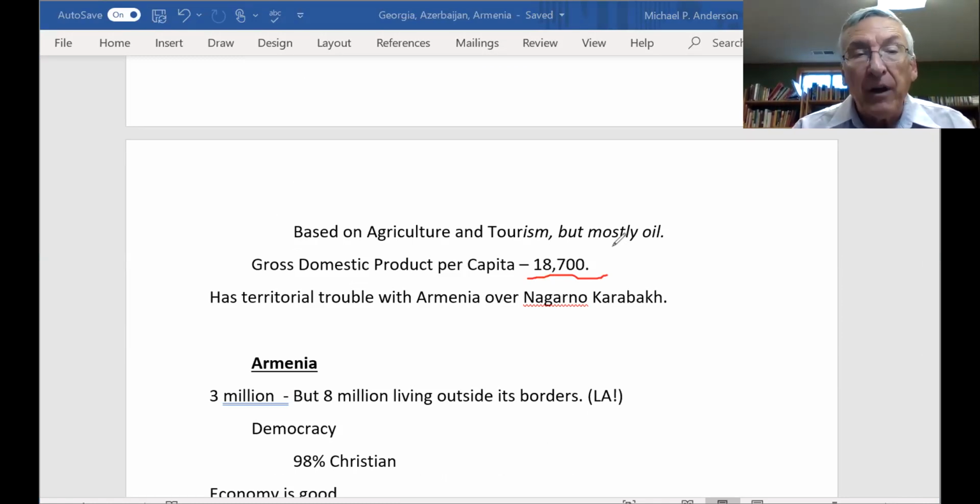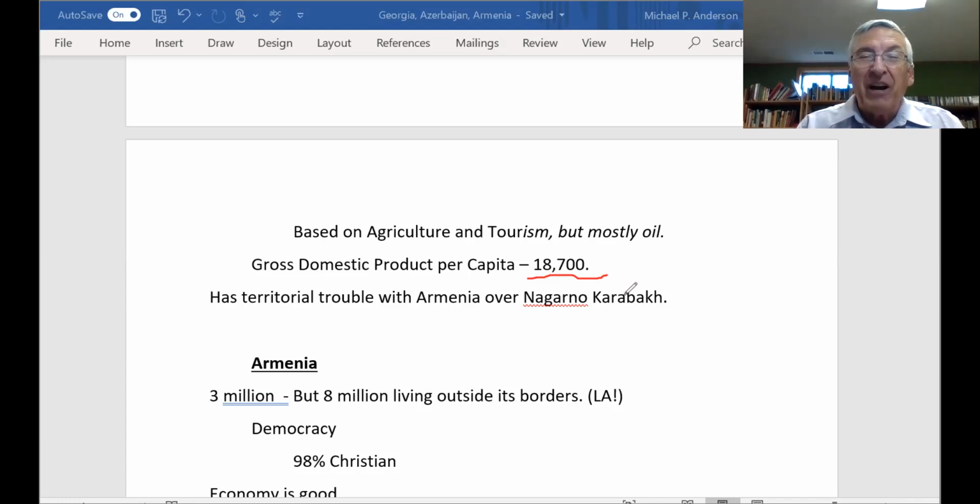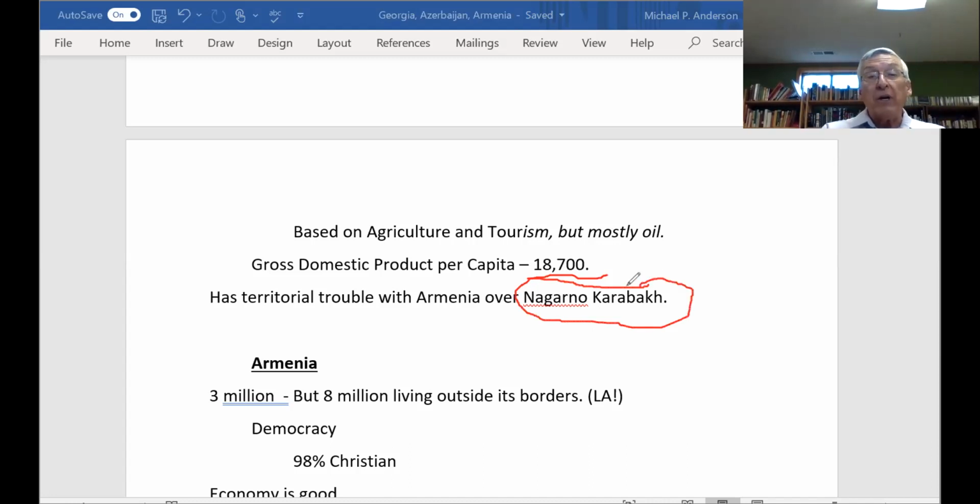However, they do have their problems too, and their problem is with Armenia. There is a section of Azerbaijan that is known as the Nagorno-Karabakh. It's full of Armenians, and yet it is in territory claimed by Azerbaijan.